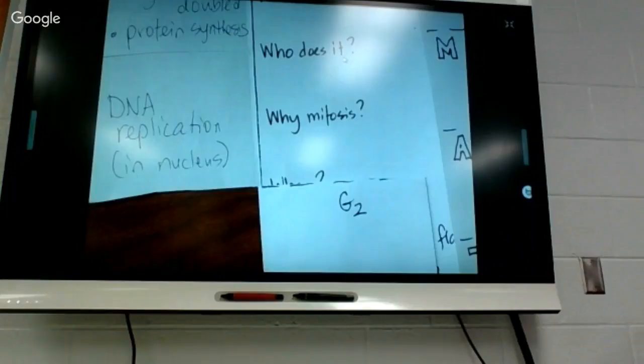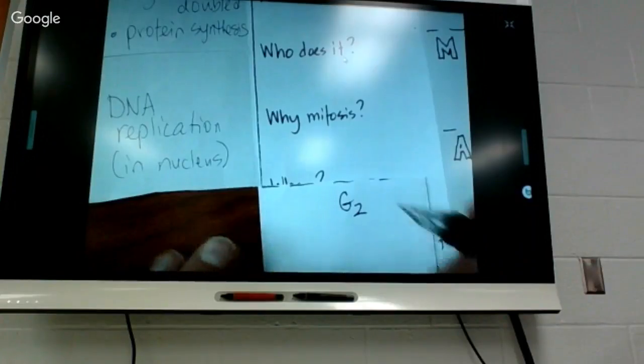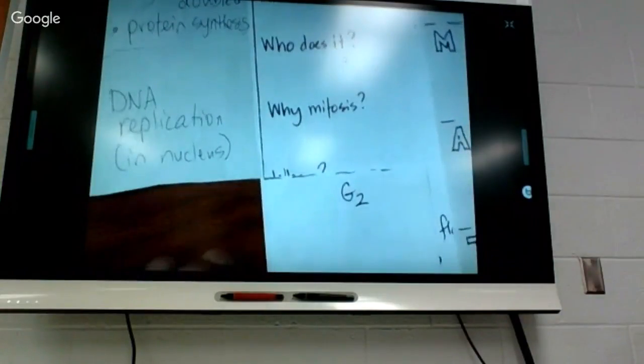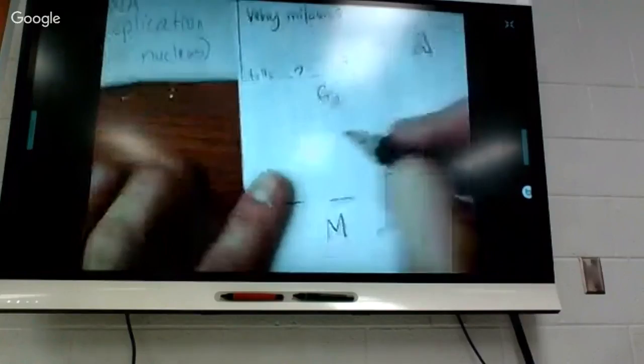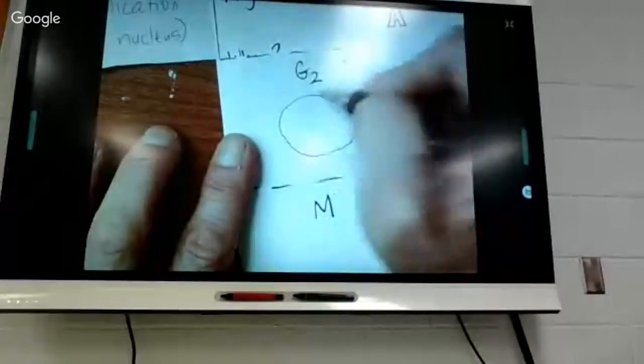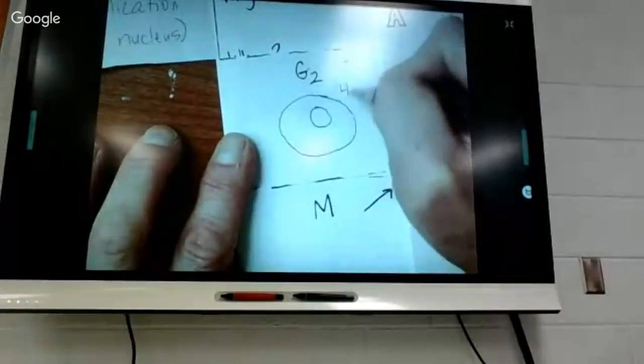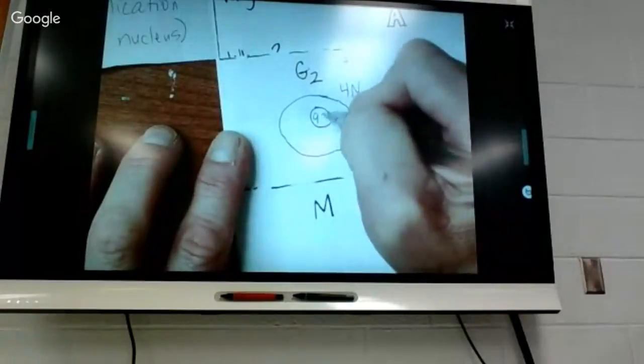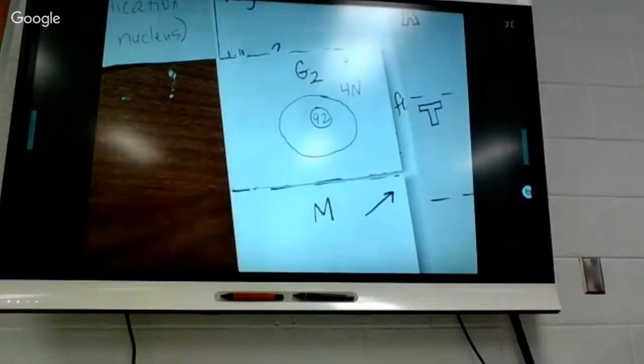All right. What happened in G2? Whoa. Now the monster cell is so big that if it doesn't go on to M and divide, it's going to pop. So it's got extra everything, enough to create 2 new cells from this big giant cell. Still 4N. Nothing's happened to the DNA. This just now has a lot of extra cytoplasm, and it's ready to go.